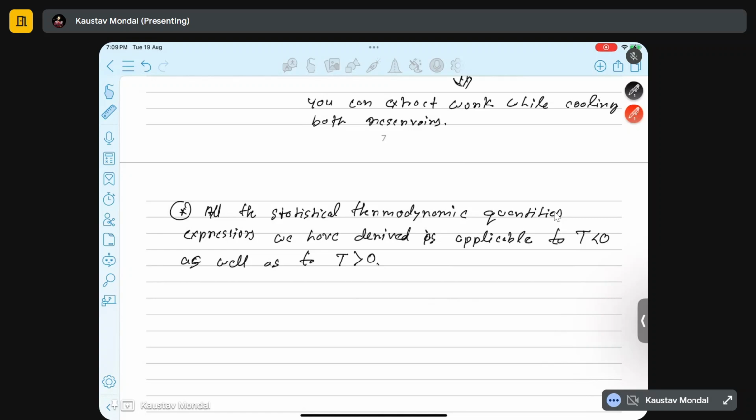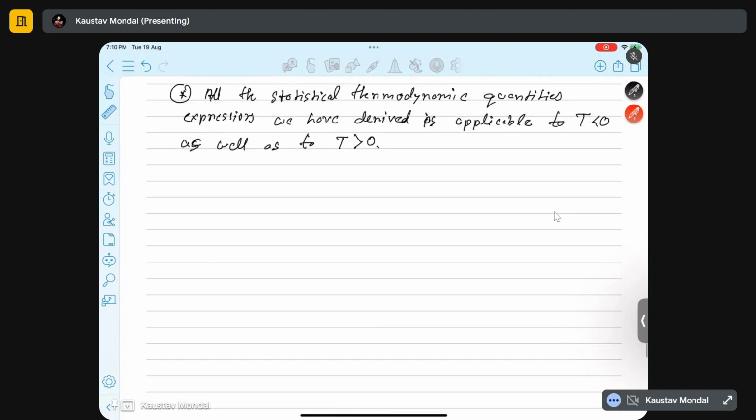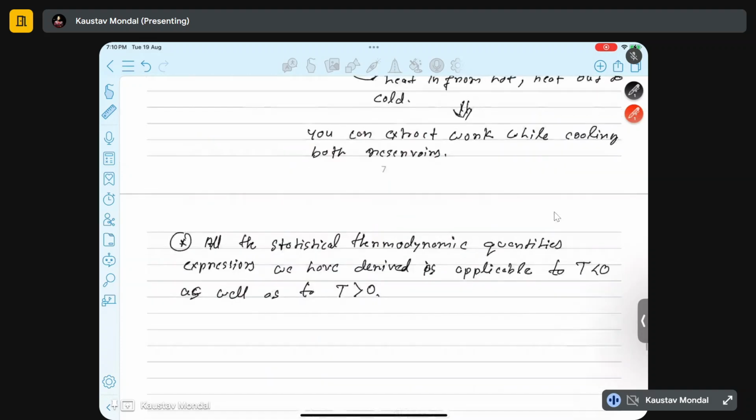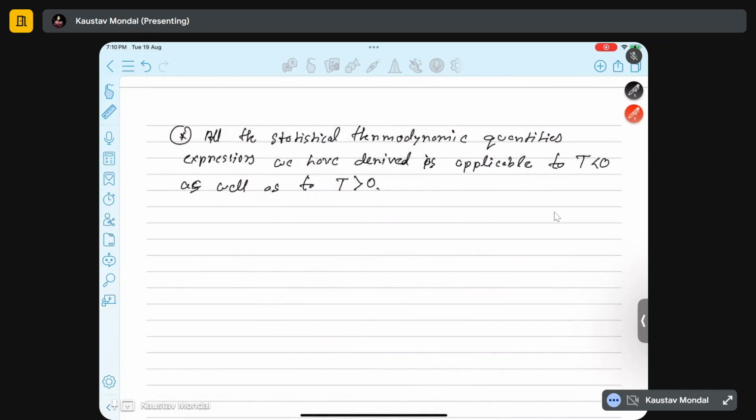Okay, now we will check this. We will see different thermodynamic quantities. We'll start from the partition function, then we'll check entropy and all. What happens in positive temperature, negative temperature, high positive or high negative temperature, what happens to the system.